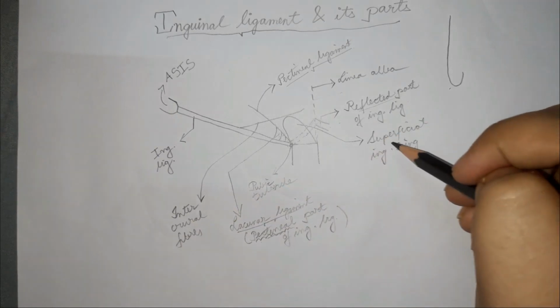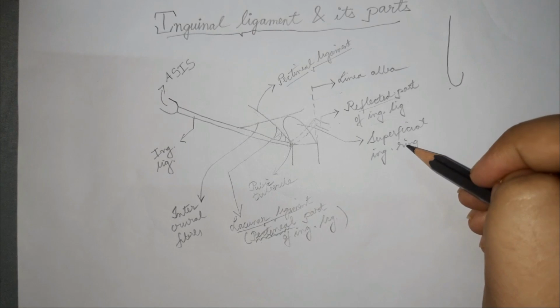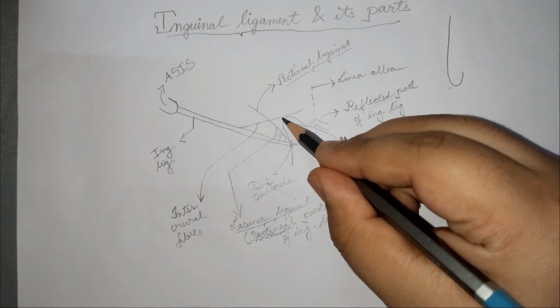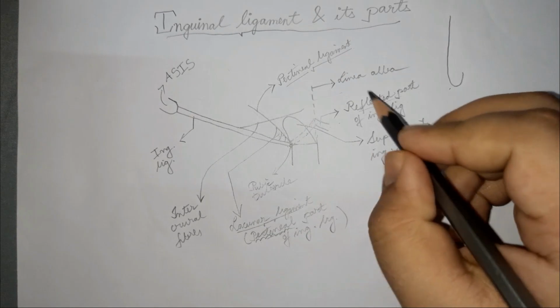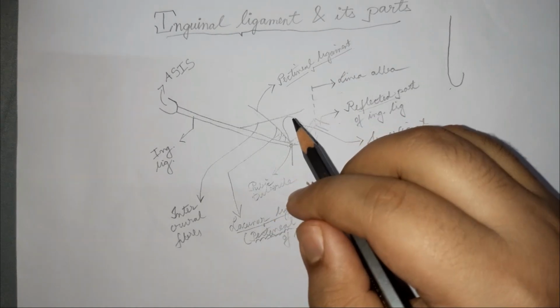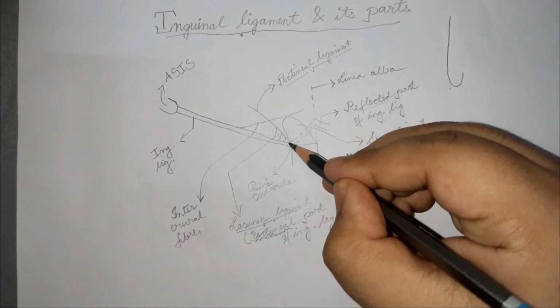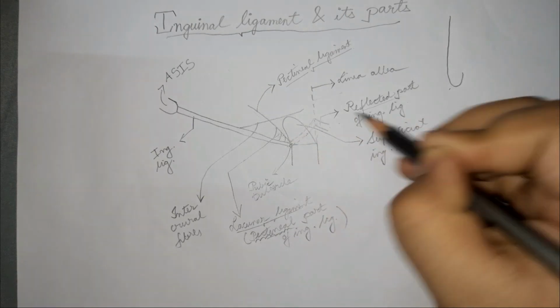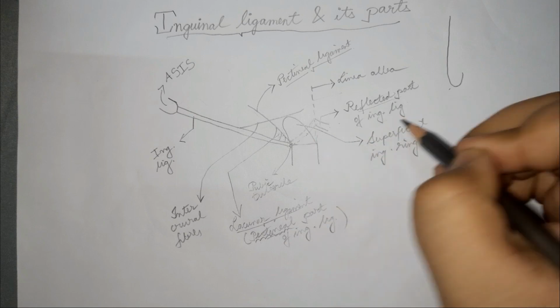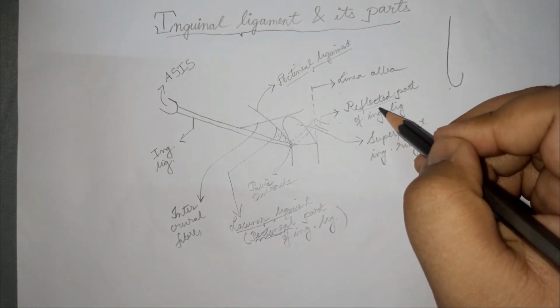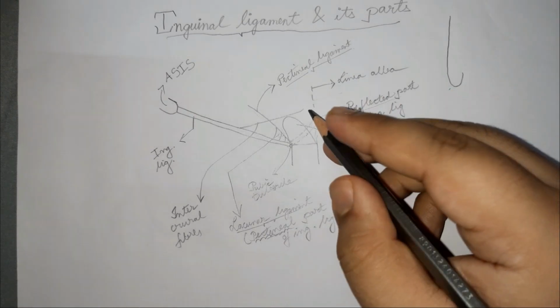See, I had mentioned the superficial inguinal ring, right? The superficial inguinal ring is somewhat triangular in shape. The two sides of the superficial inguinal ring are called the two crura.